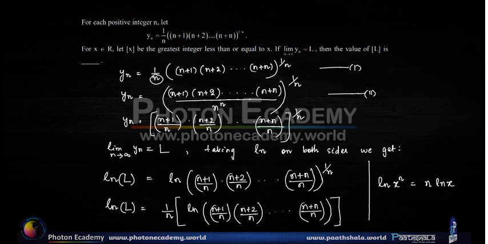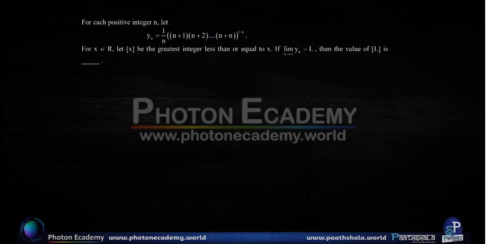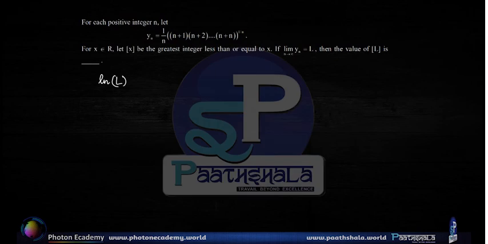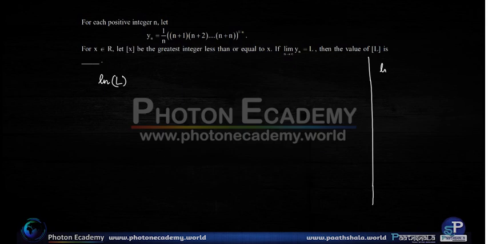We can further simplify it using another logarithmic identity. We do not want to keep it in the multiplying form. We want to form it as a summation. So we apply the logarithmic identity ln xy is equal to ln x plus ln y.